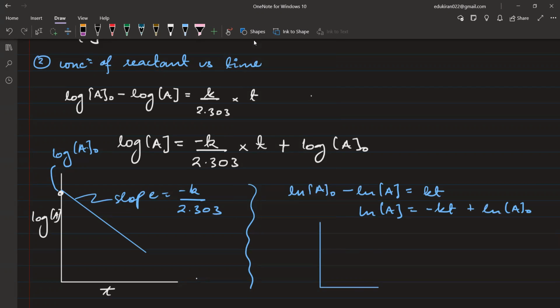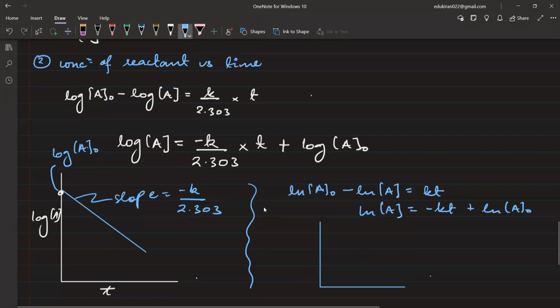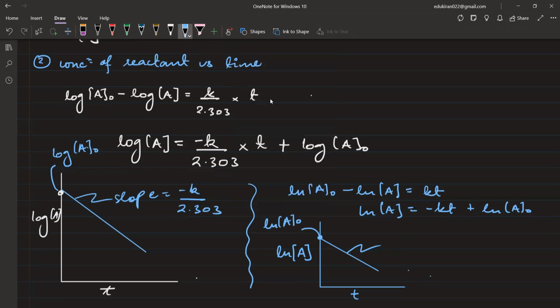The plot is going to look something like this. Very similar plot. Nothing is changing here. What is changing here? Two things are changing. This is my time and this is ln of a. This point here, this is ln of a naught, and this slope here is equal to minus k. Okay, here it was minus k upon 2.303. Here it is minus k. So remember these points.